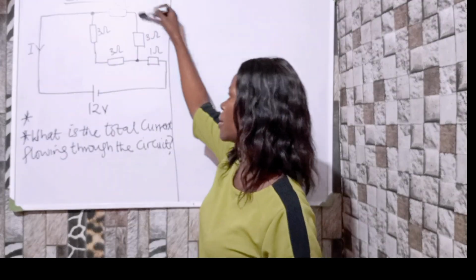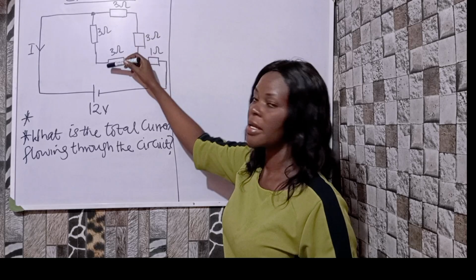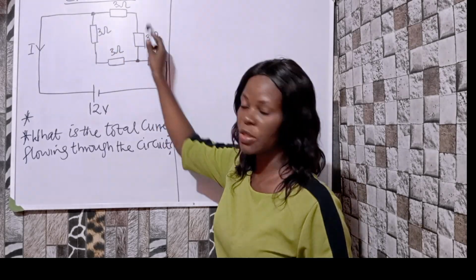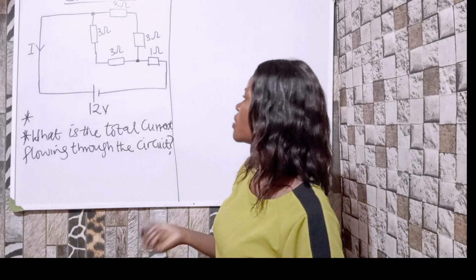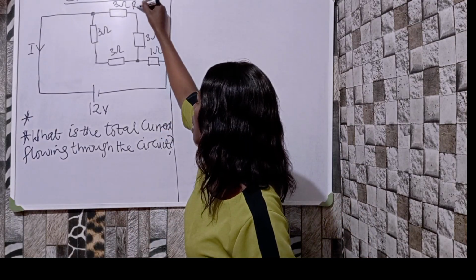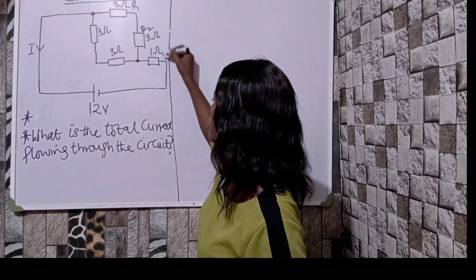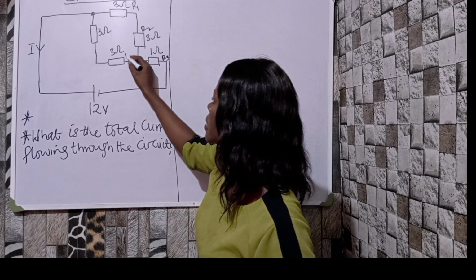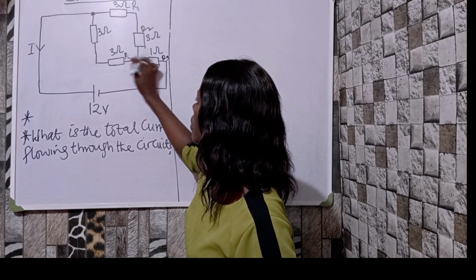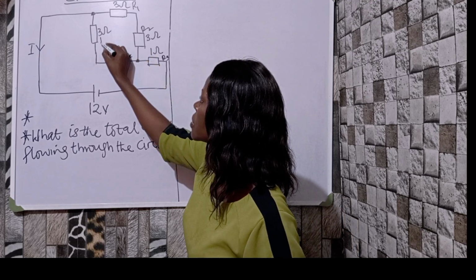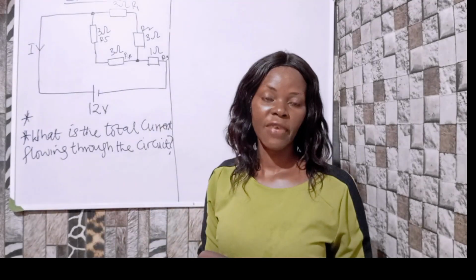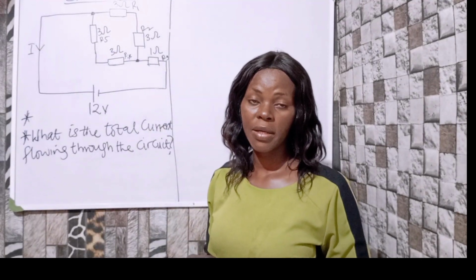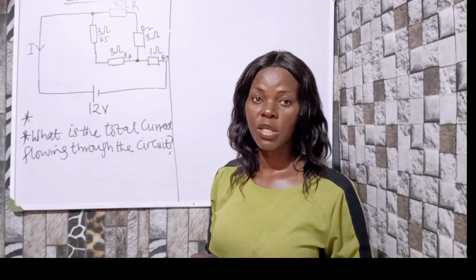But if you calculate the effective resistance here and here, it will be in parallel with these two and these two, right? Okay, so I can decide to call this one R1, R2, R3, R4, and R5. When we are done calculating the effective resistance, we can now get the current flowing through the circuit using Ohm's law.